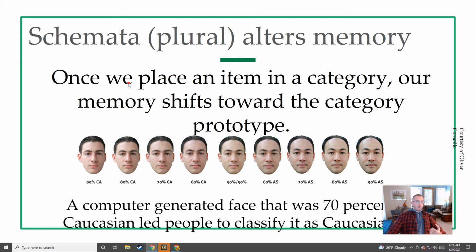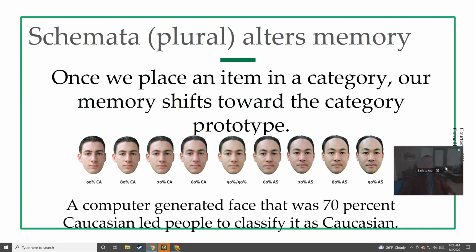It alters memory. We've talked about this. Once we take an item and plop it into a schema, it then changes our memory towards the polar end of that schema. So with a computer-generated face, they took the faces of two different people with two different backgrounds and blended them using a computer.